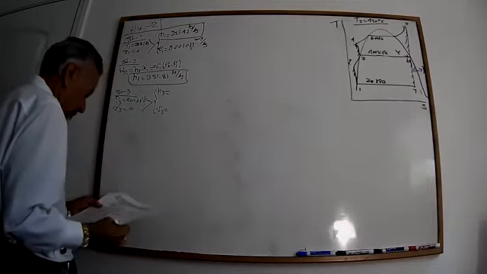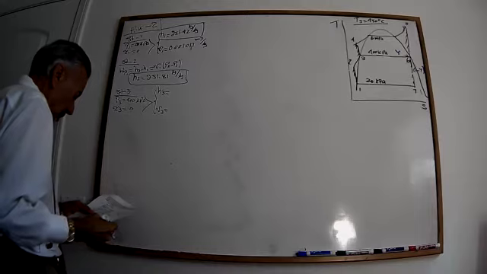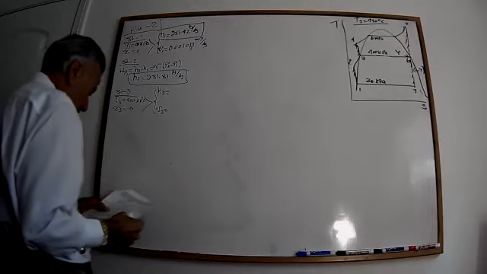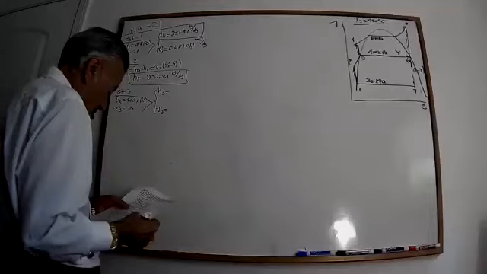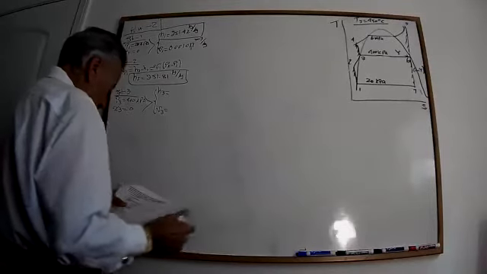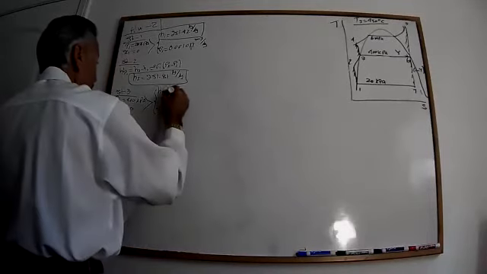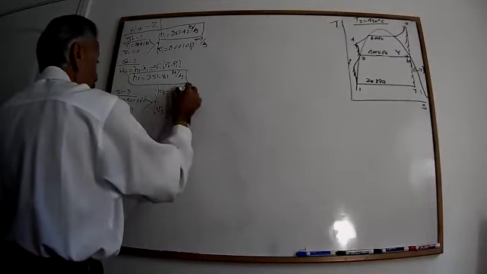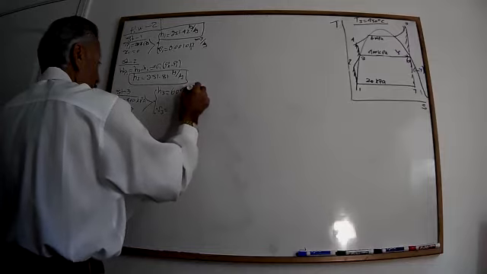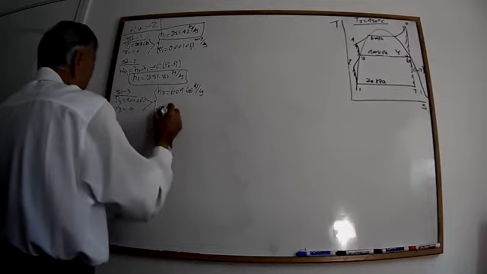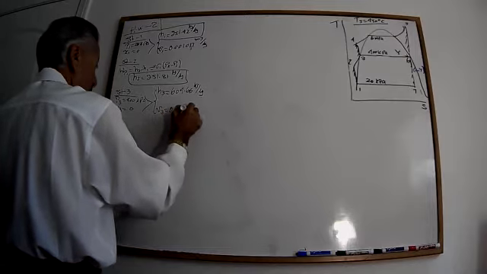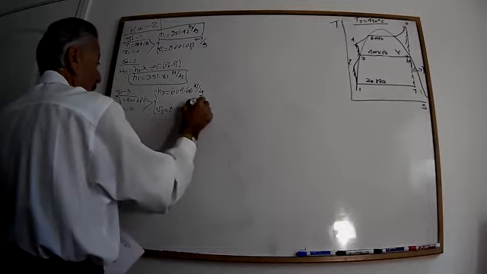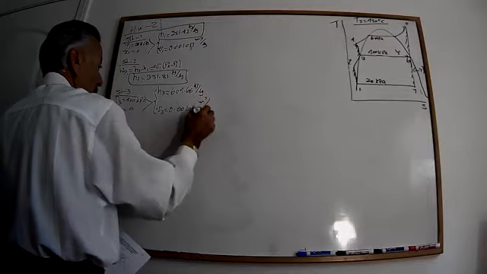From the table, we can find the value of H3 to be 604.66 kilojoule per kilogram, and V3 is 0.001084 meter cubed per kilogram.